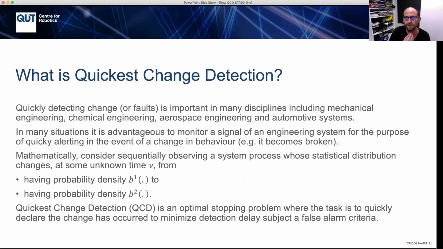We're sequentially watching the data, and we want to declare an alert as soon as possible while somehow managing the false alarm rate or some other metric of false alarms. This is an important problem in a wide range of engineering situations where you're monitoring a process and want to see when it breaks or its behavior changes, and you'd like to be automatically alerted when that happens. So this is the problem we're going to be talking about in this talk.